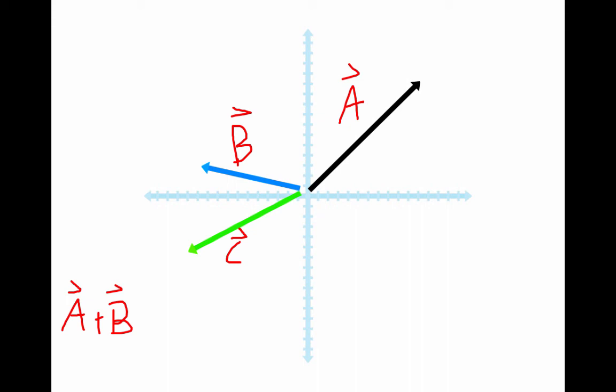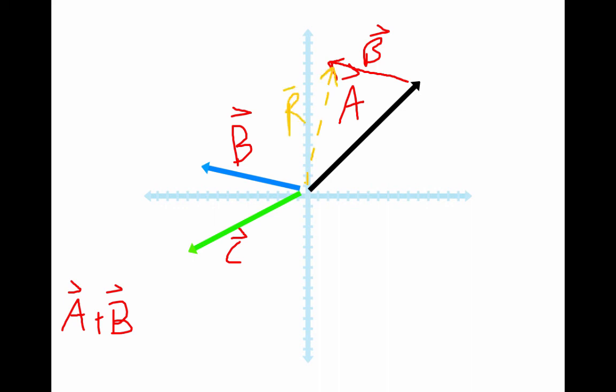A plus B would give me, I'm going to start with vector A here, so I'm going to leave vector A alone, and all I'm going to do is move vector B on top of it. So there's vector B, and vector A plus vector B will give me the resultant that we see right here in orange.